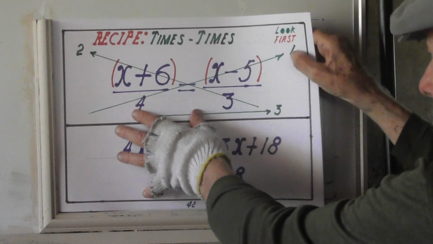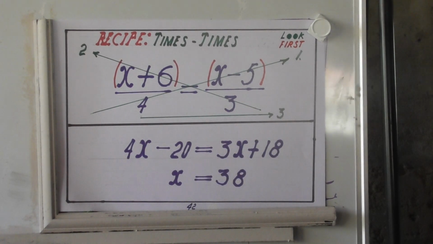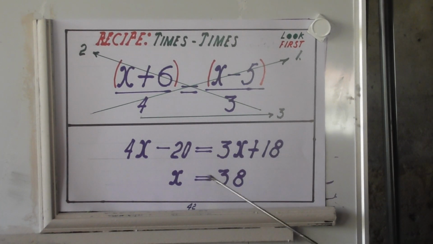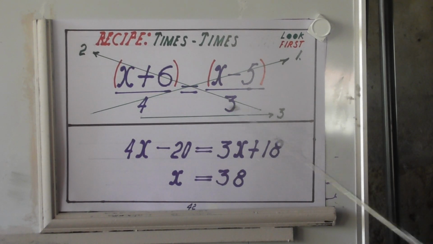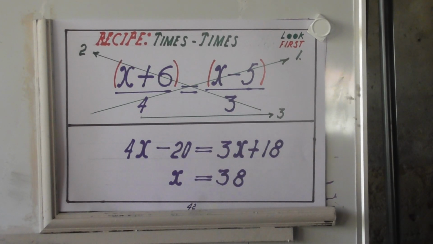In primary school, I taught you all fractions in 4 seconds. When we have unknown letters, it is still a fraction. So the recipe is still times, times, times, and times. So you have to look first, because this line is negative 20.